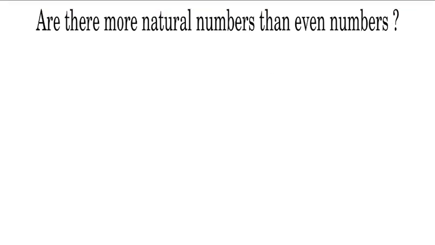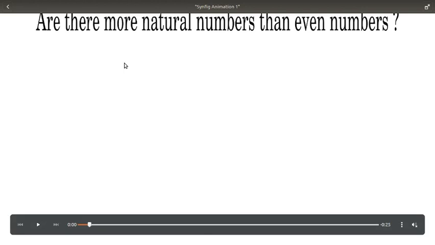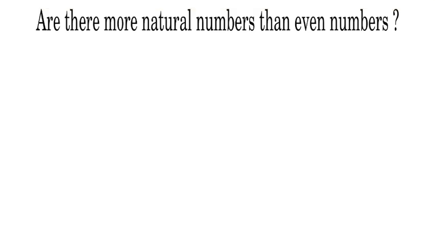What do you think? Are there more natural numbers than even numbers? It may appear that there are more natural numbers, because the set of even numbers contains only 2, 4, 6, 8, so the elements 1, 3, 5, 7, all the odd numbers, are missing. So at first it may appear that there are in fact more natural numbers than even numbers.